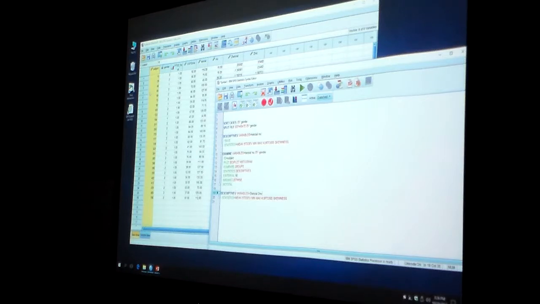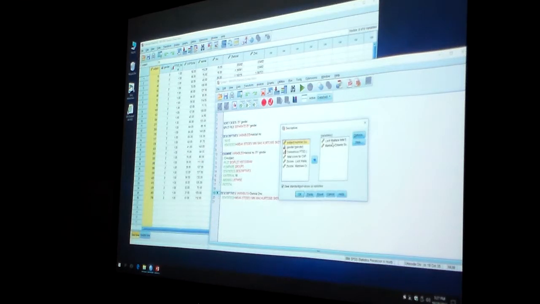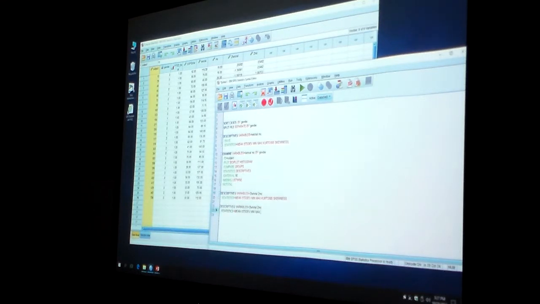We could also do this if you were to go up to Analyze, Descriptive Statistics, Descriptives, get rid of those two, throw in your z-scores here, turn off your standardized option, click off skew and kurtosis, continue and paste. Here we go, we pull skew and kurtosis out of this statement as well. But it gives us the same thing.